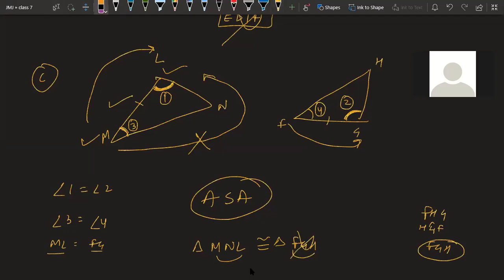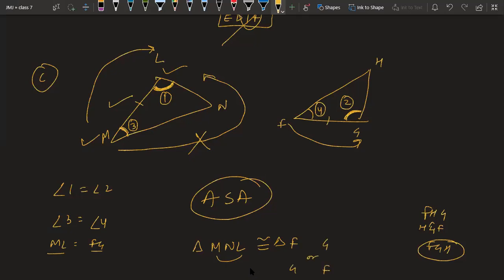Let us write the name properly. So first thing is ML equals FG. So either first and third will be FG or it will be GF. One thing is clear. The remaining thing is H. So amongst these two, one name is correct. What do you say? Which one is correct?